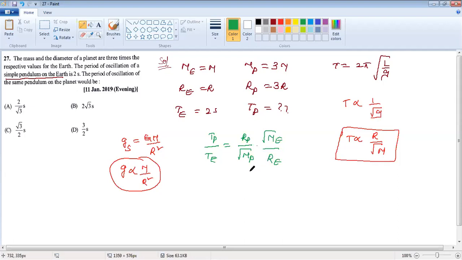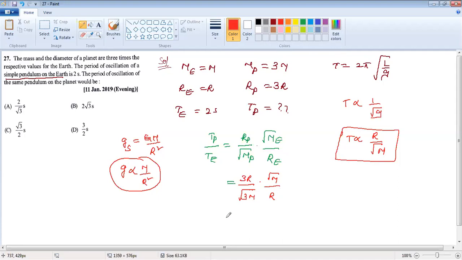Radius of the planet is 3r, mass of the planet is 3m, mass of the earth is m, radius of the earth is r.